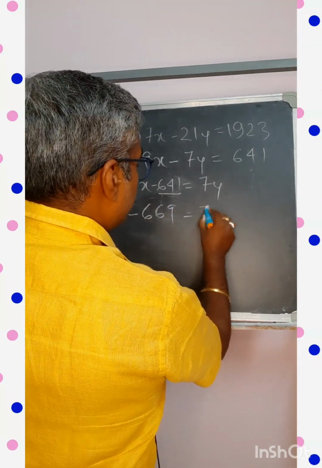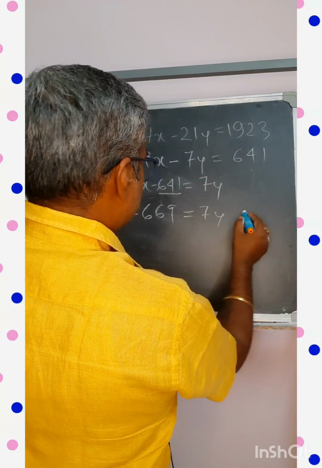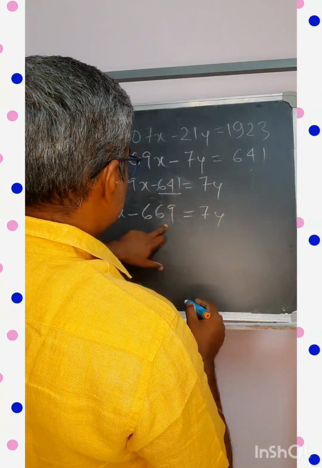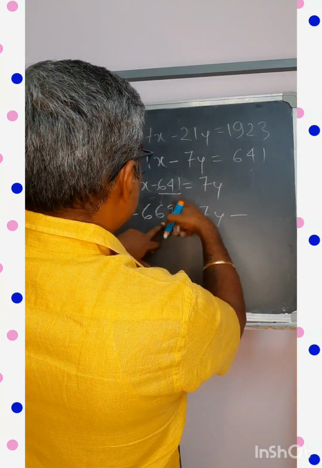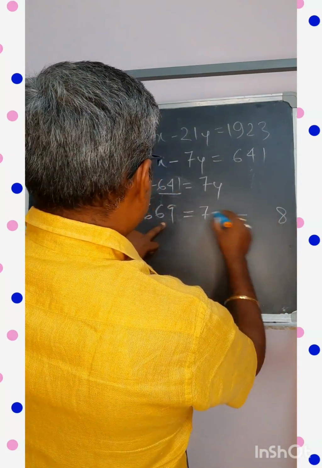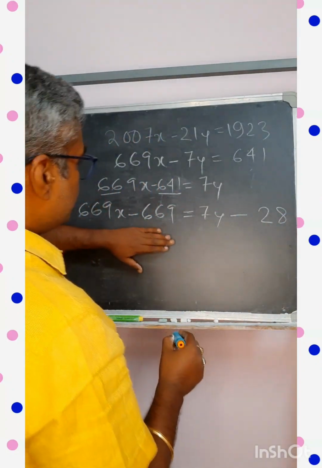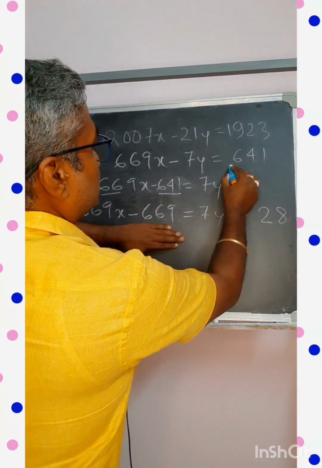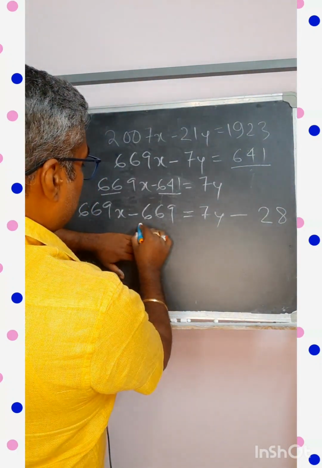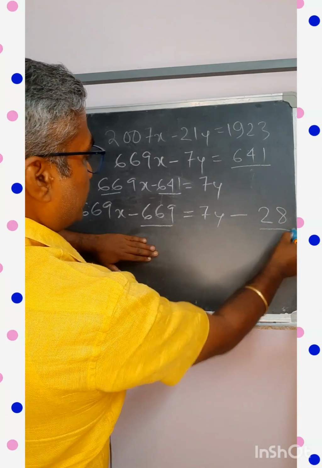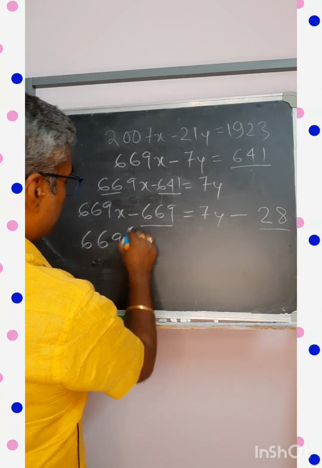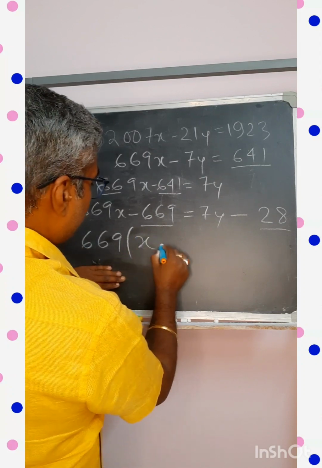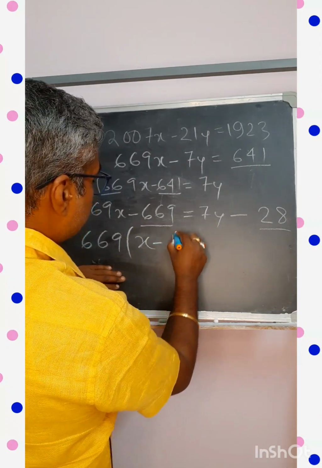How much adjustment do I have to do on the right hand side? This is 669, 641. So I am breaking 641 in such a fashion that I keep 669 there and 28 here. Now out of this, I take 669 common. It will become 669 times x minus 1.